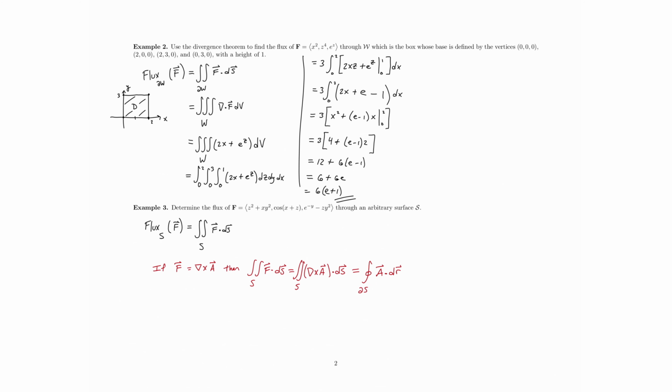So the only way that this doesn't depend on this is if this is path independent and it only depends on the endpoints. And this would mean that A would have to be the gradient of some scalar function.